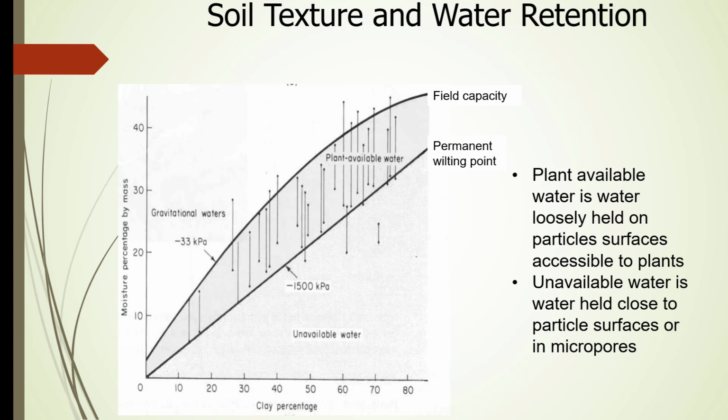Field capacity is where you reach saturation and water will leave gravitationally. Permanent wilting point is the point where plants can no longer get hold of the water. There's always going to be a little bit left in the soil, and you can see that's directly correlated with the clay percentage. The more clay you have, the more unavailable water there is.